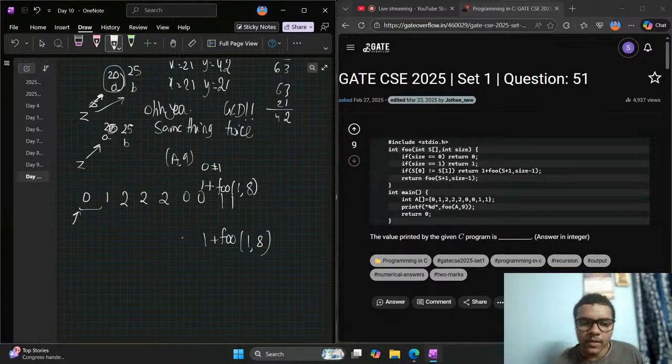And now it calls this function again. So 1 and 2 are not equal, so it points 2 comma 7 again. So now 4 is here, and 2 and 2 are equal. So it returns 4 of 2 comma 6.